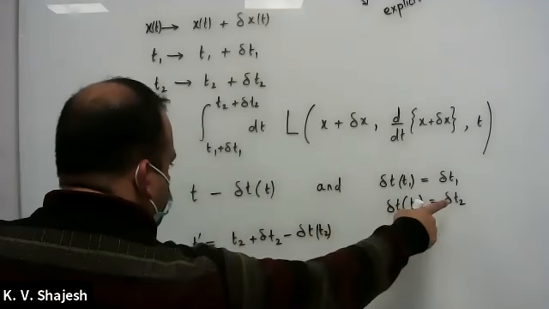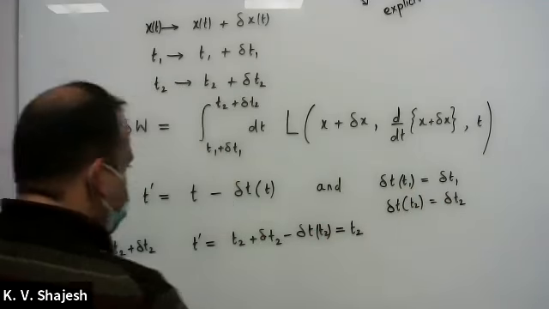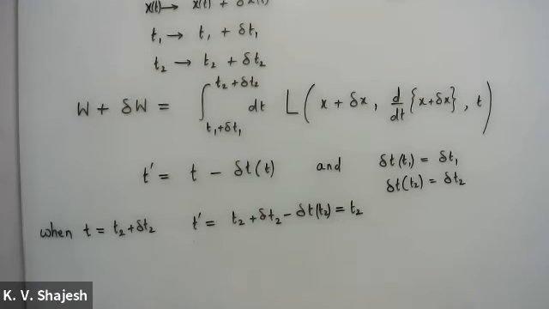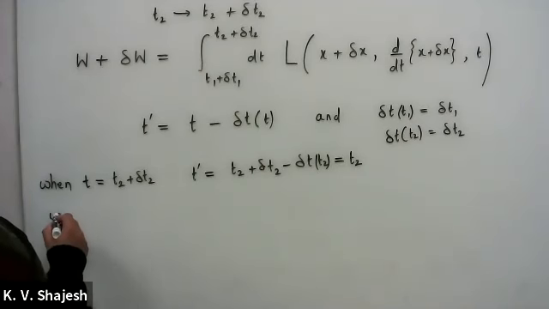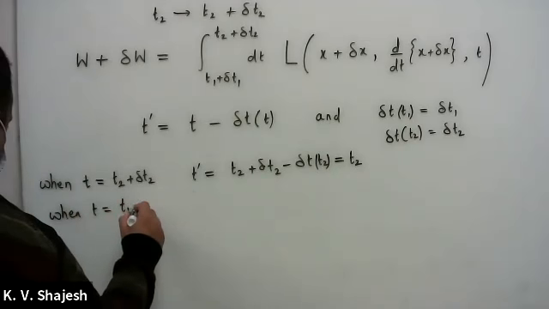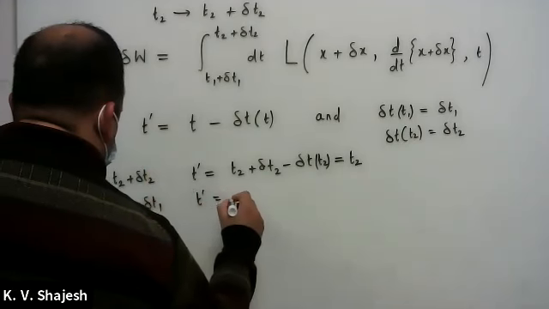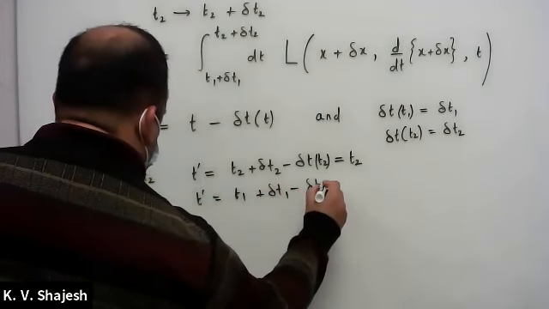But delta t of T2 is delta T2, so that's T2 itself. So that's the upper limit, if you want. For the lower limit, when t is equal to T1 plus delta T1, that's the lower limit. t prime is equal to T1 plus delta T1 minus delta t.